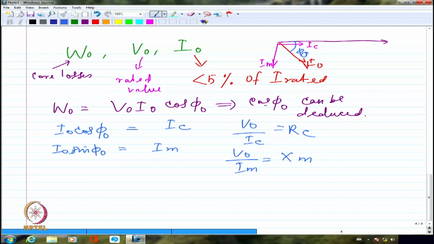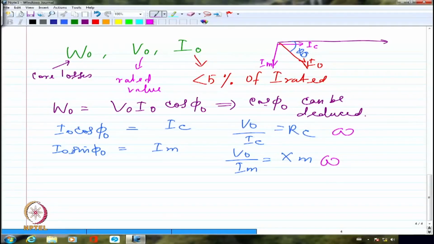It has to be infinity because IM has to be 0. I should be able to establish the flux without any current. If the permeability is infinity, without any MMF, I should be able to establish flux within the core. So, for an ideal transformer, XM should be infinity.